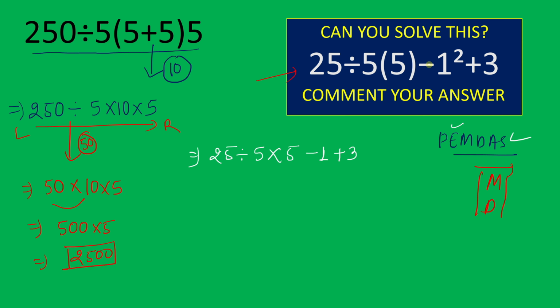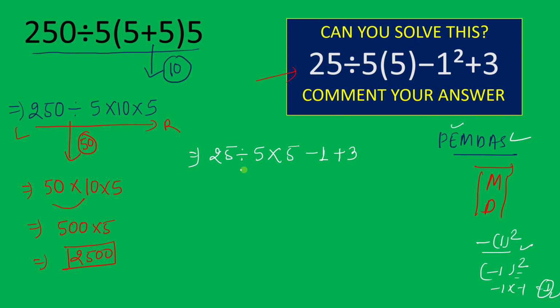Why are we not writing plus 1? Because this is not the value of minus 1 raised to the square. So we can't write minus 1, and we will put the value 1. We will simply put 1 here.